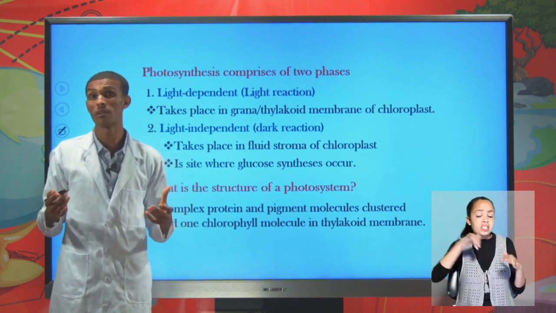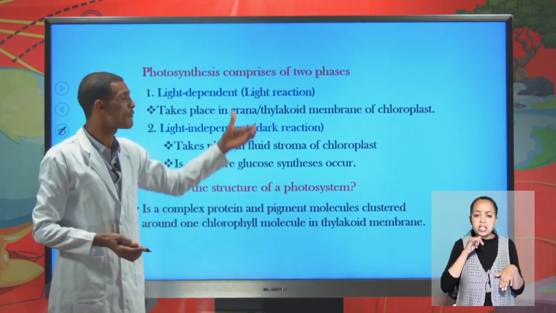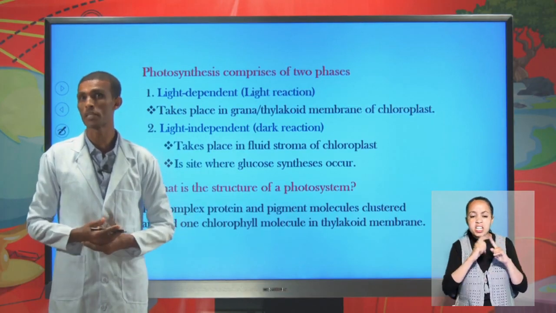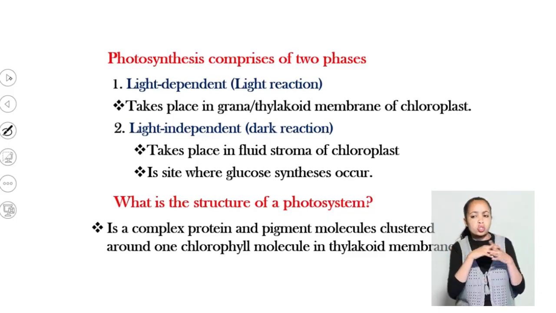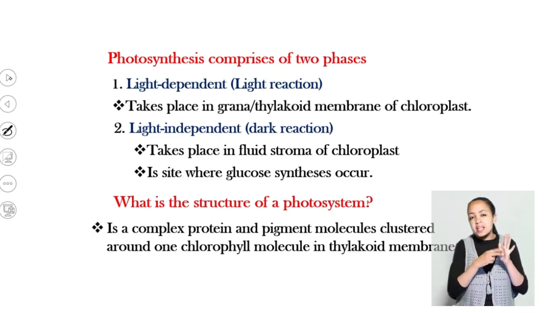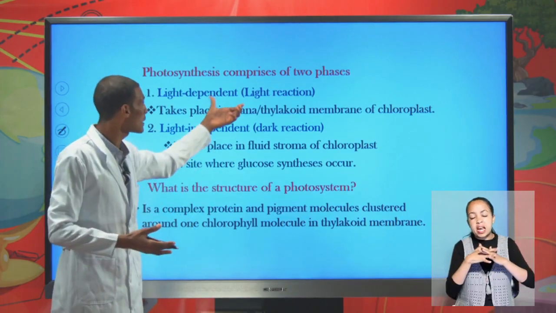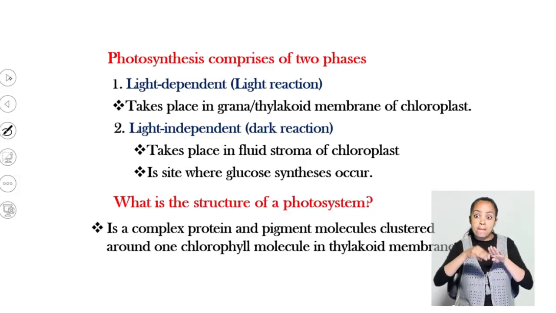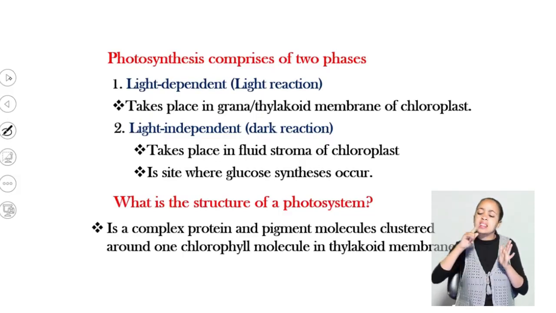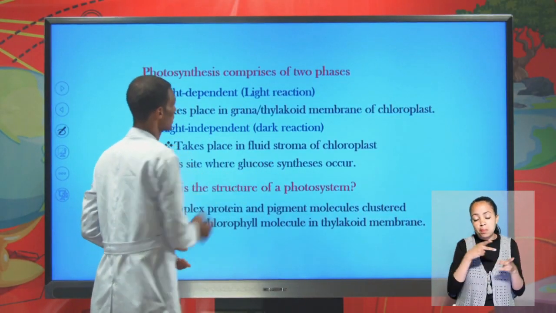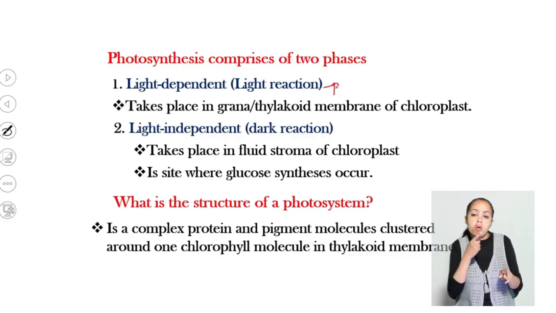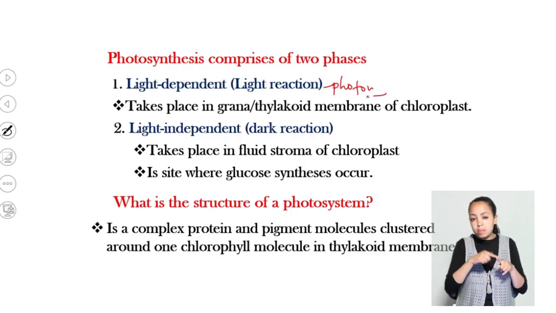Photosynthesis, just like respiration, has two main phases where different reactions take place. One phase is the light reaction, which is the light dependent reaction. It is a reaction that takes place in the granum, in the thylakoid membrane, and depends on energy from photons.